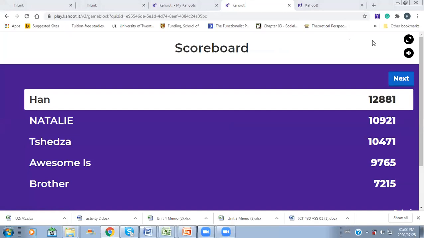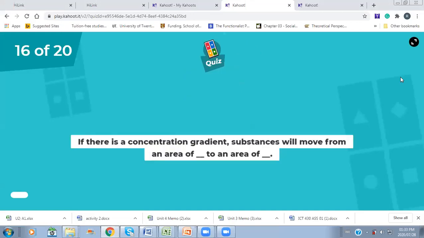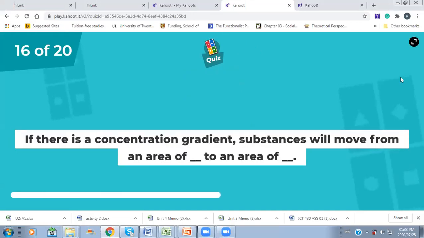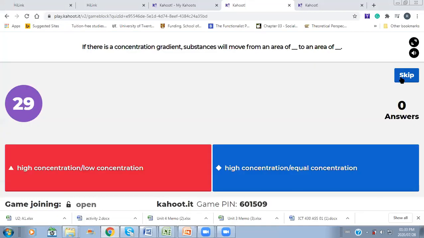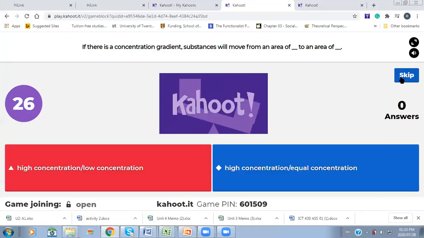Now, so Han was the first person to answer this one, followed by Natalie, Tesa, Awesome, and Brada. Let's go to the next. If there is a concentration gradient, substances will move from an area of dash to an area of dash. Which one?